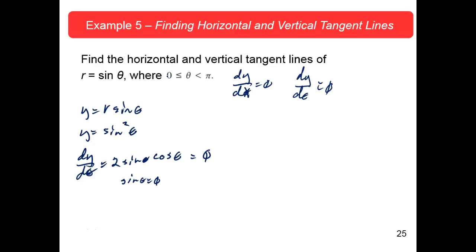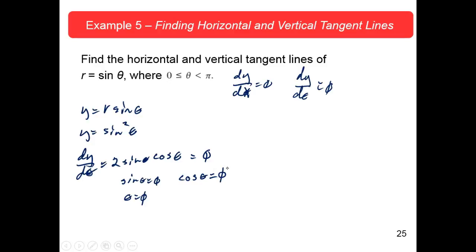Between 0 and pi. Where is sine theta equal to 0? So theta equals 0. It would have been at pi also, except pi is not included. Okay? But it's also 0 where cosine theta is equal to 0.